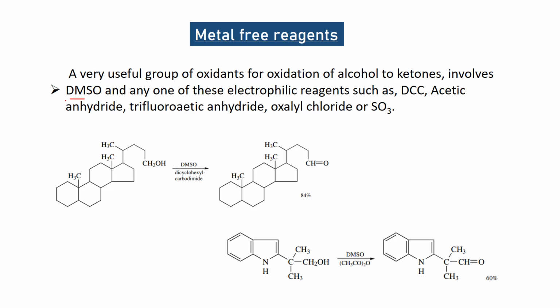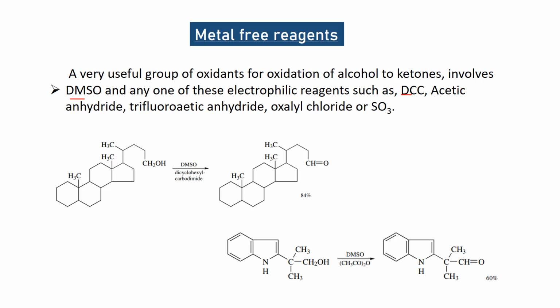If we use DMSO along with one of the electrophilic agents like DCC, acetic anhydride, trifluoroacetic anhydride, oxalyl chloride, or sulfur trioxide, combined they can act as an oxidant to oxidize alcohol to a carbonyl compound. If we take a primary alcohol, it will give aldehyde, and a secondary alcohol will give ketone.